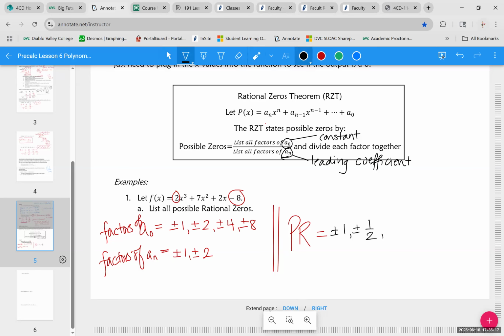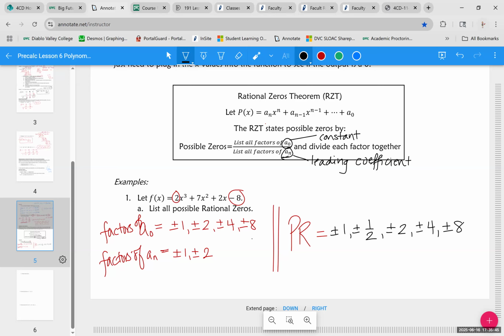And then I'd have 2 over 2, which is 1. I've already listed that, so I'm not going to list it again. Then we'd go to the next one. 4 over 1, that would give me 4. 4 over 2, that would give me 2. I already have 2 there, so I'll just add the 4. And then I have 8 over 1 and 8 over 2. And the only new one there would be the 8 over 1.